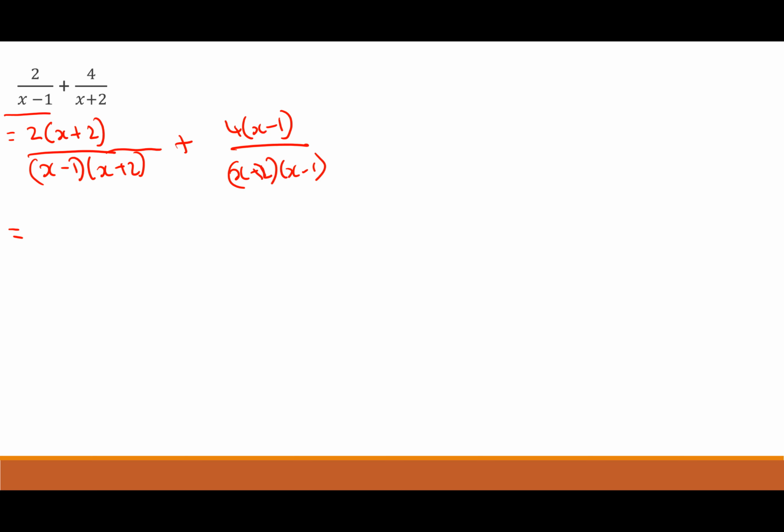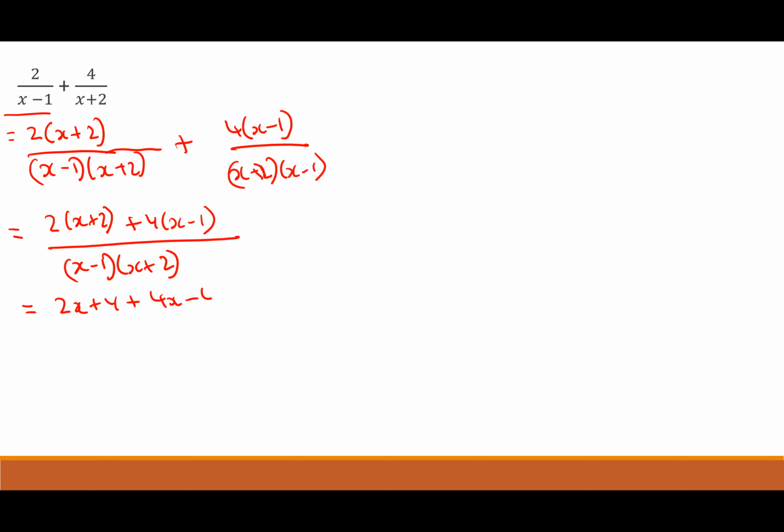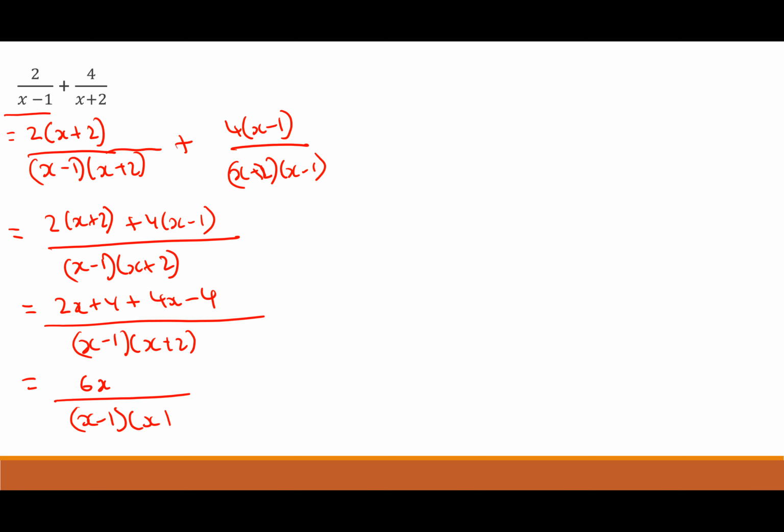Now that the denominators are the same, I can just do 2(x plus 2) plus 4(x minus 1) over x minus 1, x plus 2. That's going to be 2x plus 4 plus 4x minus 4 over x minus 1, x plus 2, which is 6x, since the 4 minus 4 becomes 0. So my final solution is 6x over x minus 1, x plus 2.